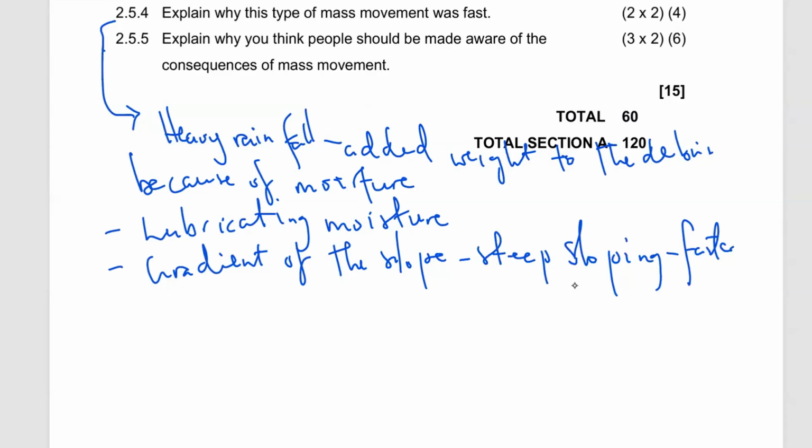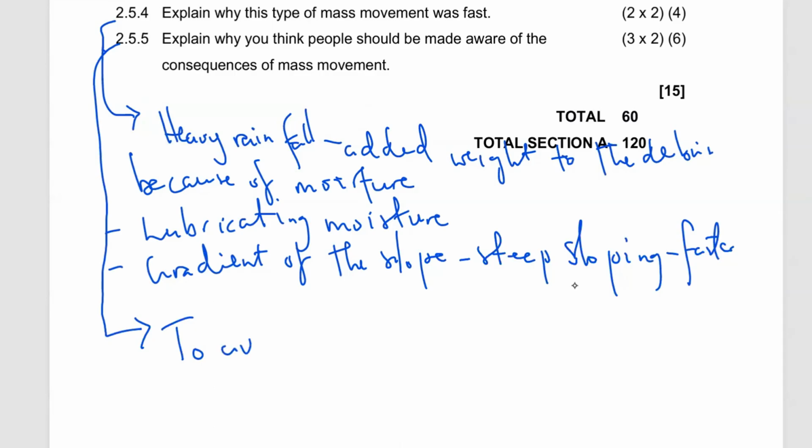Right. Then we move on to the last question. Last question is saying, why you think people should be made aware of the consequences of mass movement? Why should we let people know about the dangers of mass movement? Right.